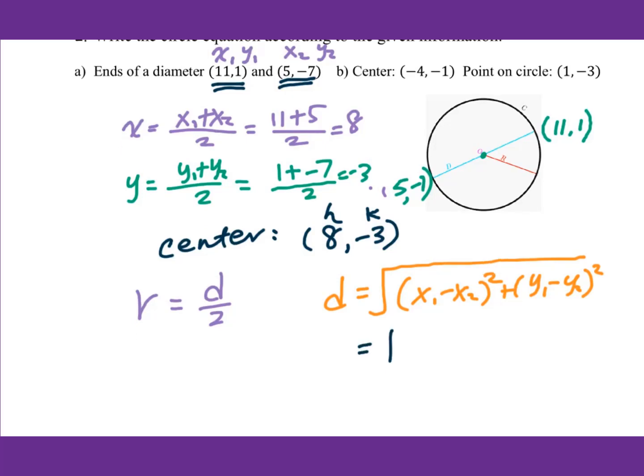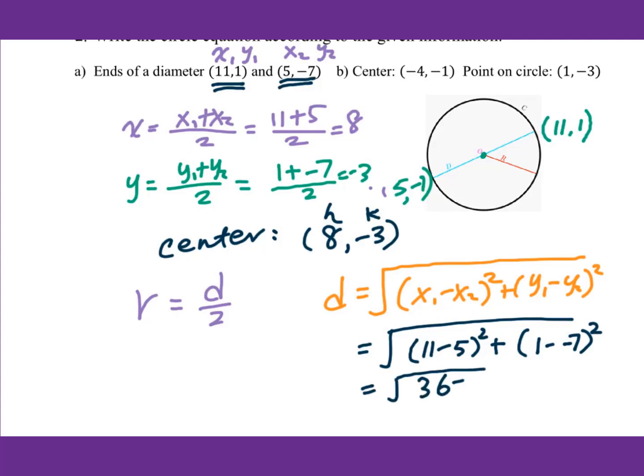You will get the square root of (11 minus 5) squared plus (1 minus -7) squared. You will get the square root of 36 plus 64. That's 100. The square root of 100 equals 10. Then we plug in here, 10 divided by 2 equals 5.